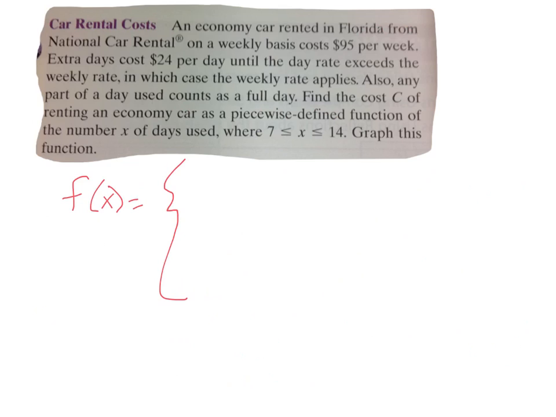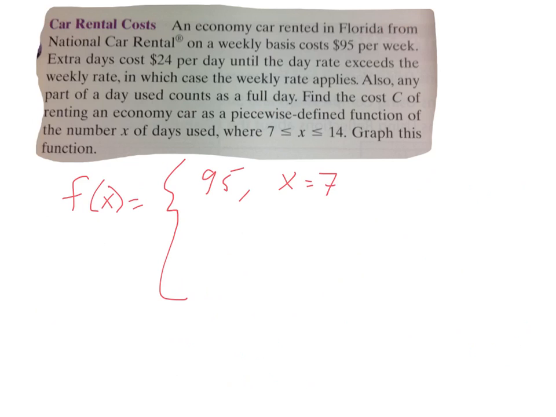And in between, that's when it gets interesting. Although if you rented it for exactly 7 days, how much is it going to cost? 95. I lied, it's going to be 3 intervals. If you rent it for exactly 7 days, then it's going to be $95.